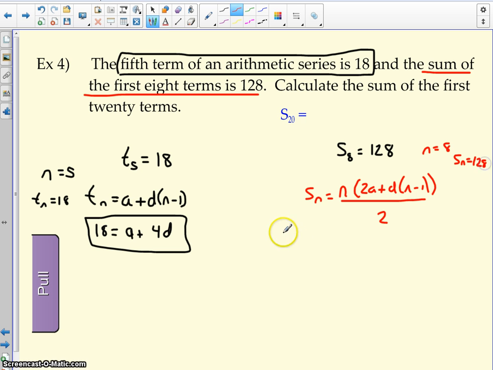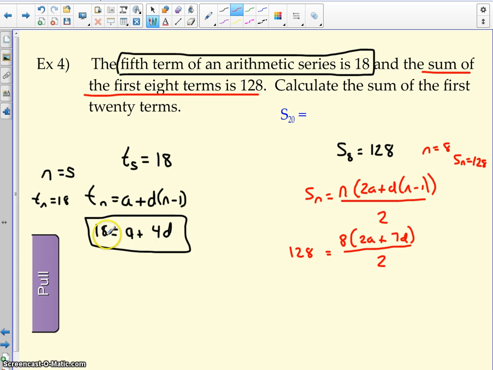So if we put that in, we have 128 equals 8 over 2 times 2a plus, if n is 8, n minus 1 is 7, so 2a plus 7d. And it looks like what I have here is another equation involving a and d.